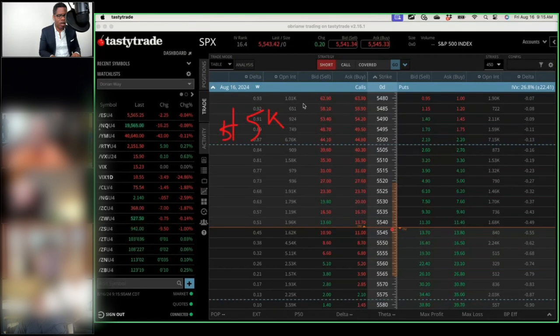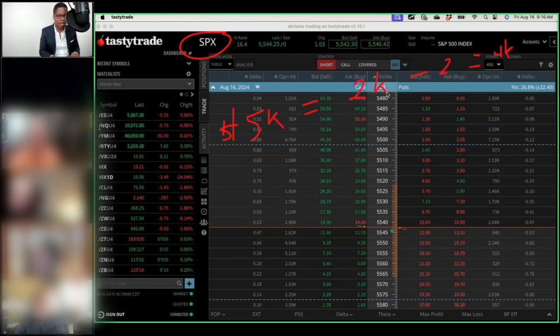For the 1DTE trade, we start off using 10K because we're using a 20-point wide spread if we're doing it in SPX. So we're not using all the capital initially. Then if we have a problem, we go from one contract to two contracts, which would equal 4K.